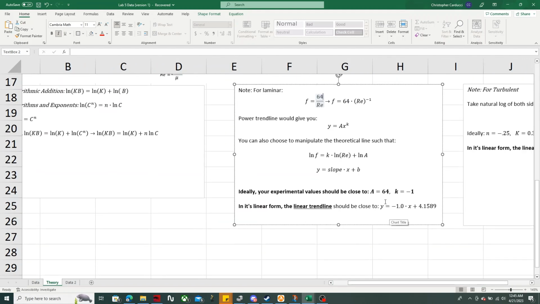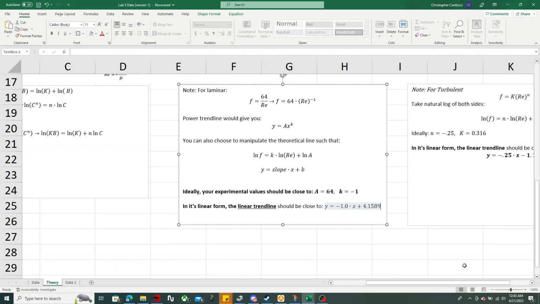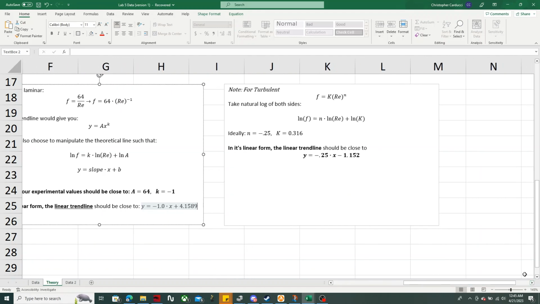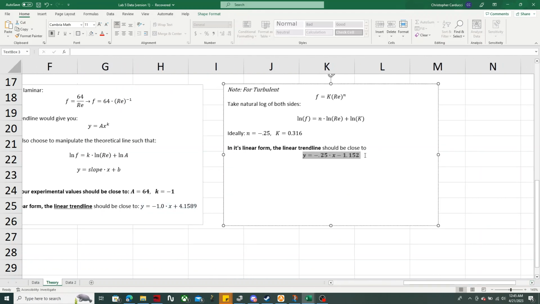Your trend line should look like y is equal to minus 1 times x plus 4.1589. Again, this value comes from a being 64. And if you look over here, the linear trend line should look basically like that.